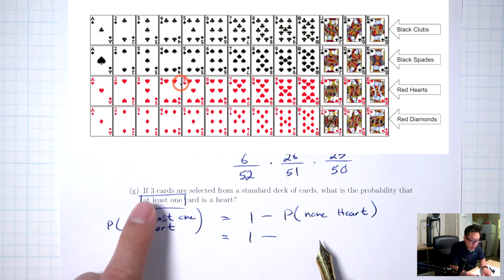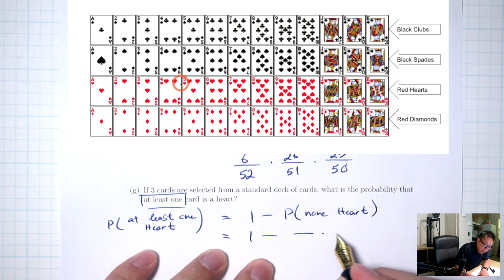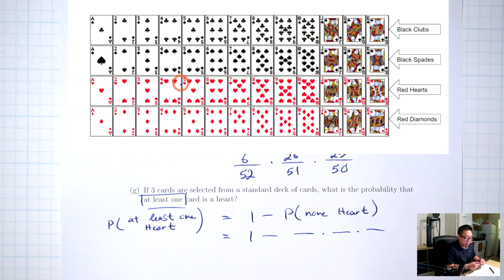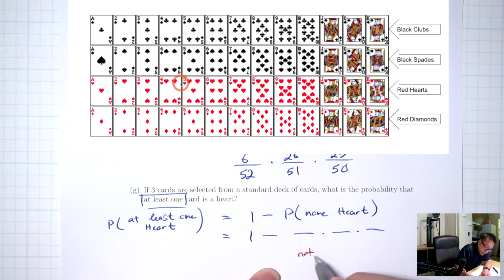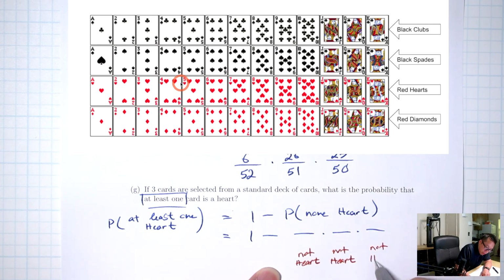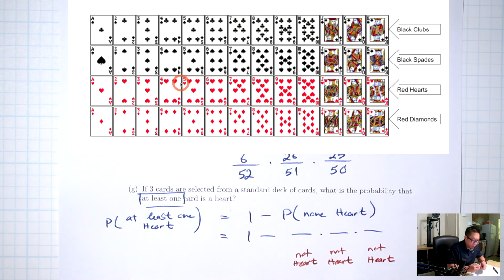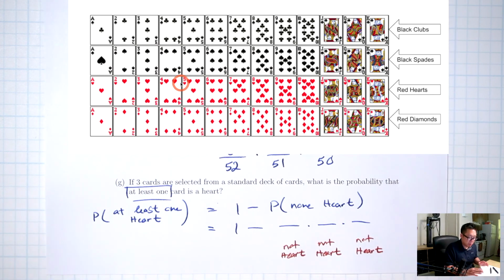We're talking about 3 cards, so 3 fractions. And then for each of these 3 fractions, what does it mean for none of them to be heart? So none of them heart means not heart, not heart, not heart. Okay, so once again, even though we're looking for at least 1 heart, because we're doing complement, you look for not heart, not heart, not heart.